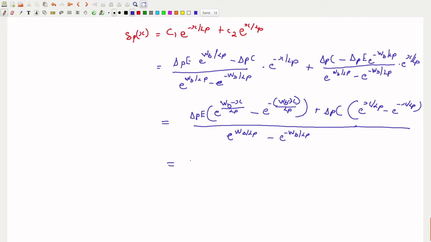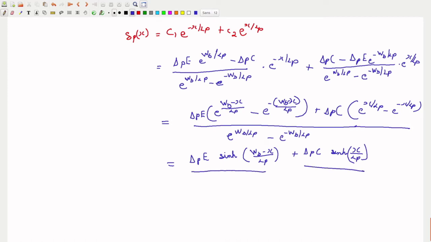So this can be simplified and written as delta PE sinh, hyperbolic sinh of WB minus x by LP, and delta PC, again using the mathematical knowledge, we are rewriting it as sinh x by LP, and in the denominator we can split and write again sinh WB by LP.